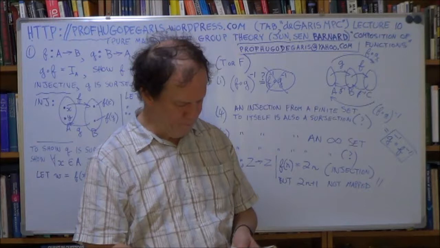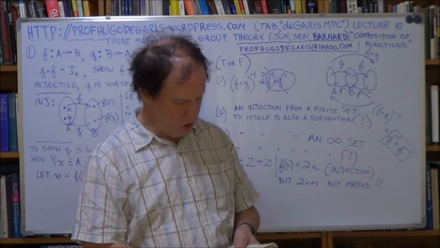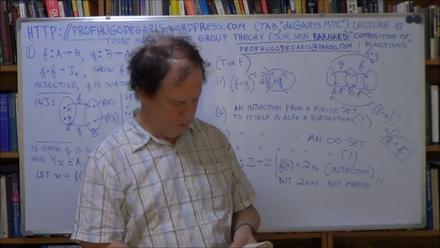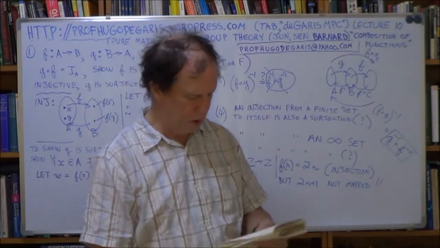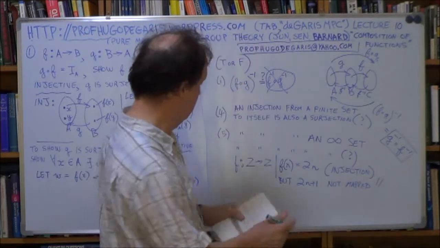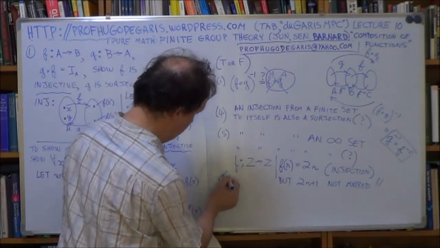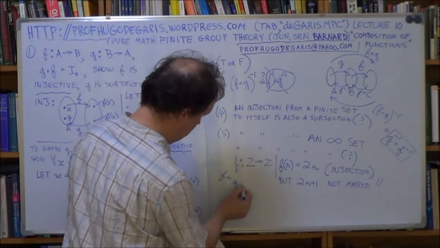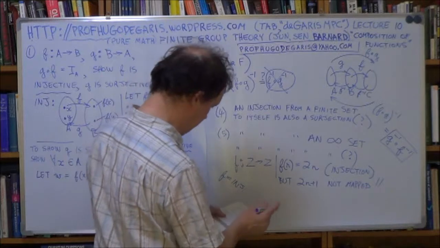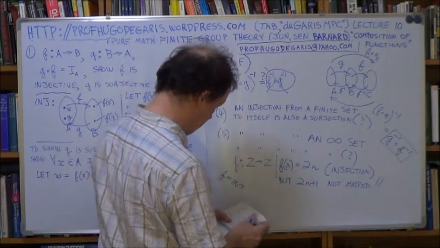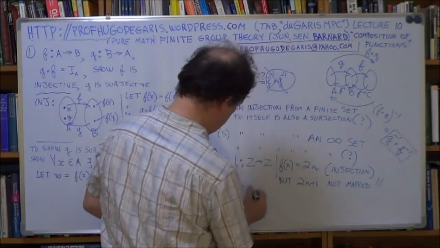Okay, third one. An injection is a bijection if and only if it's a surjection. So I'll write that. You're given that F is an injection. You start with that.